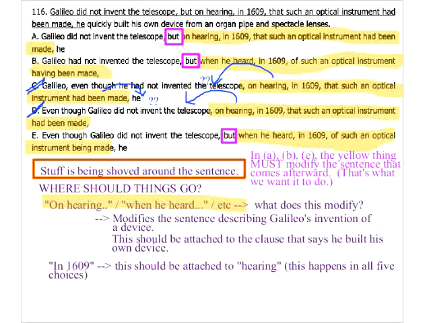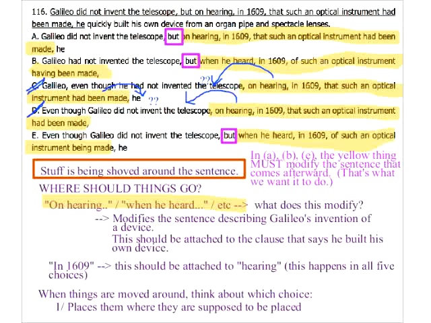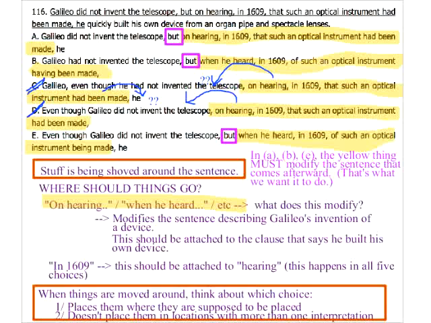When things are moved around, think about which choice first places them where they are supposed to be placed, but also doesn't place them in locations with more than one interpretation. So that's the point. You want to make it so that it actually modifies the right thing and so that it's clear that it actually modifies that. So there you go.